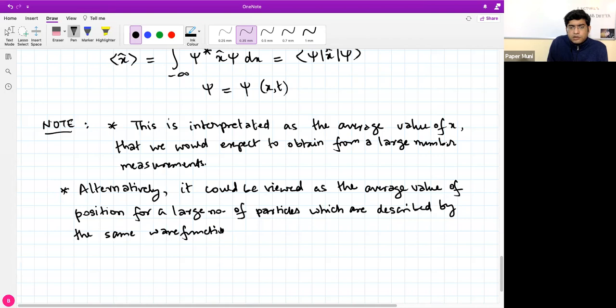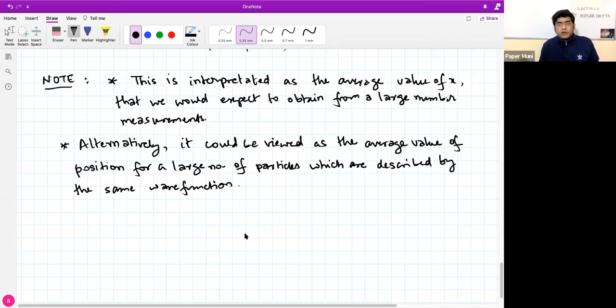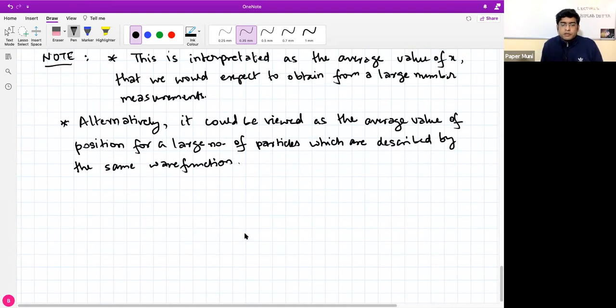So these are the two interpretations of this expectation value of the operator. Quantum mechanics is always open to interpretations. There are several interpretations. You just have to pick one and stick to it. In this case, this is the interpretation of the expectation value of an operator.